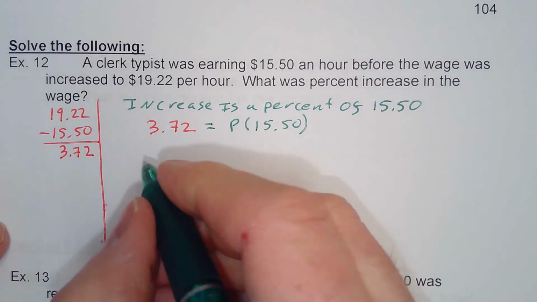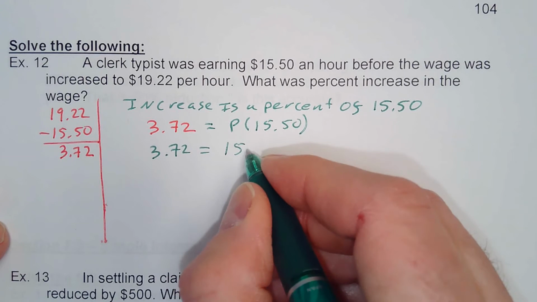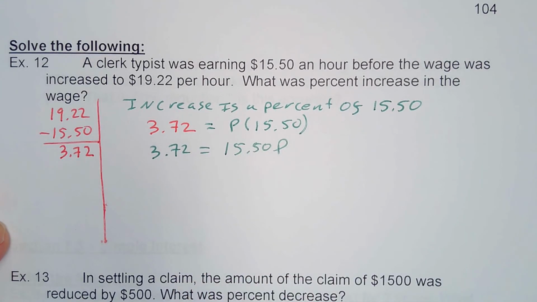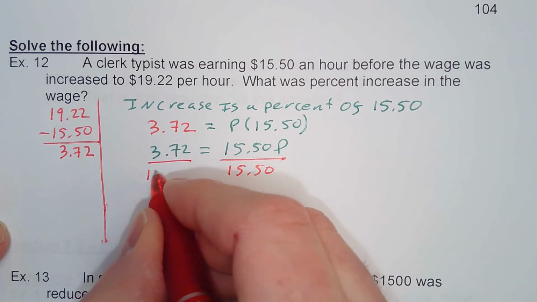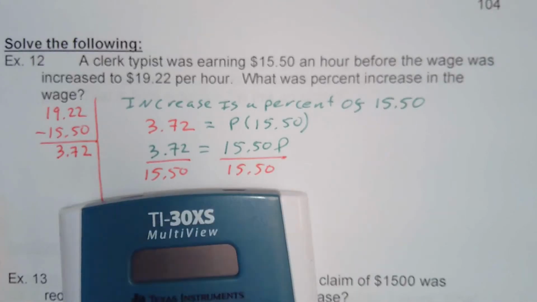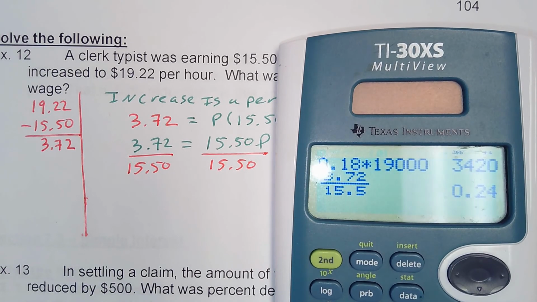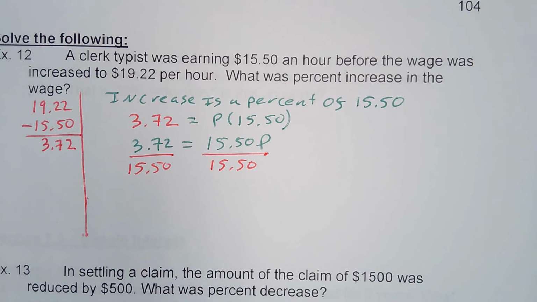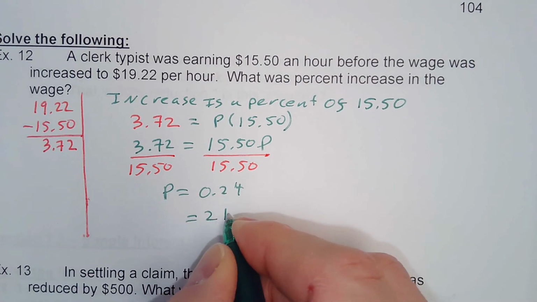So to solve for P, we're going to have to divide both sides by 15.50. So that'd be 0.24. So that'd be 24%.